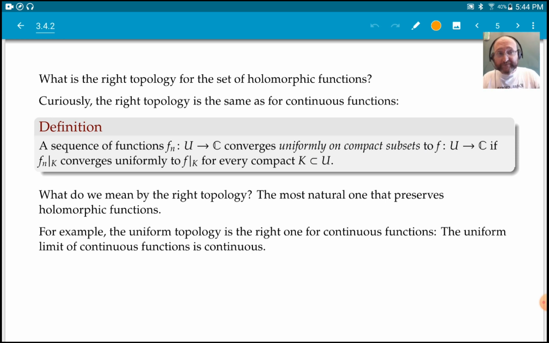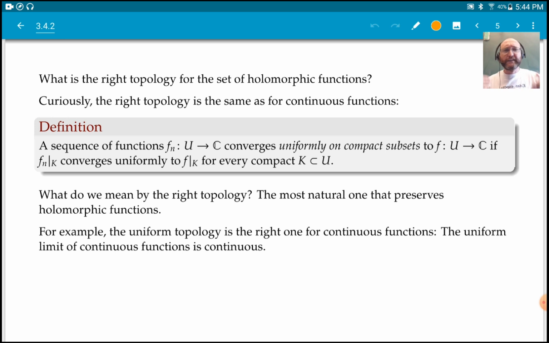Now, it also is the natural convergence for continuous functions, because uniform convergence of continuous functions gives us continuous functions, and that's only necessary in every neighborhood. If you have compact neighborhoods, you just take a little compact disk around every point.